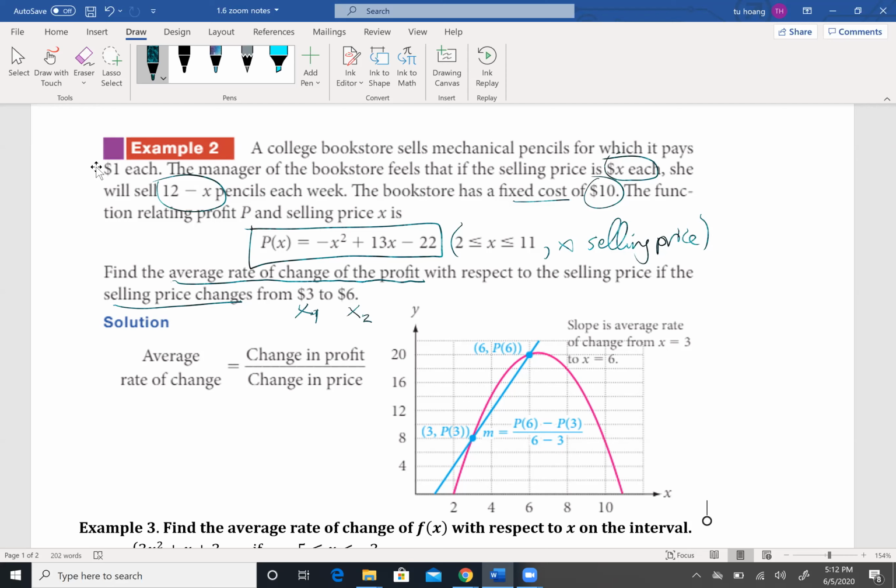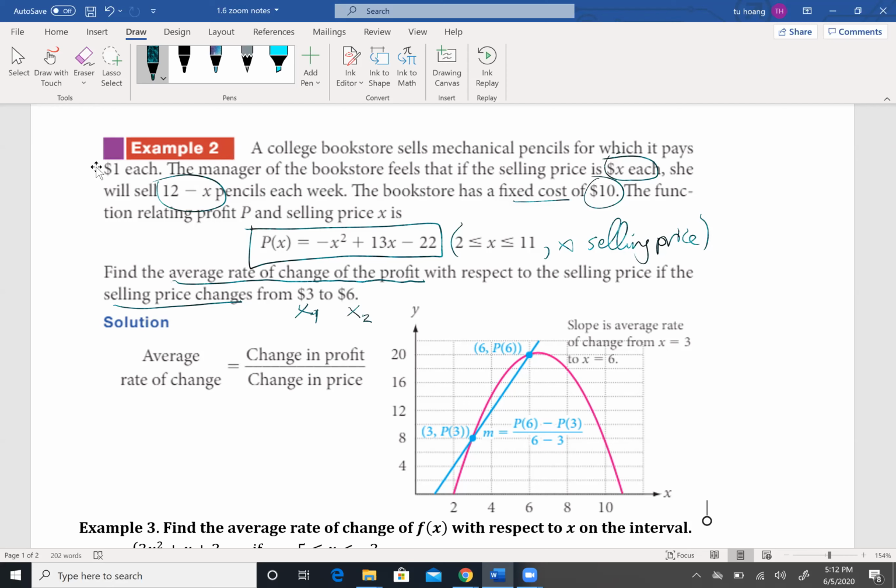In this case, you need to use version number 1, because you know both the value of x initial and x final, right?